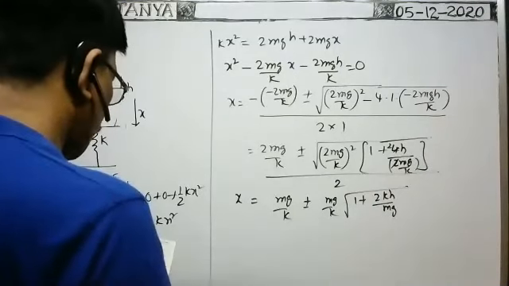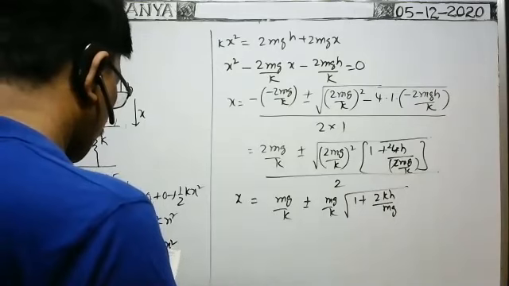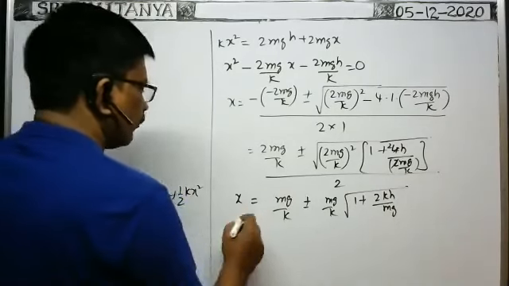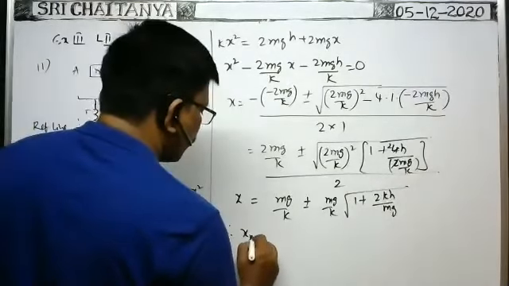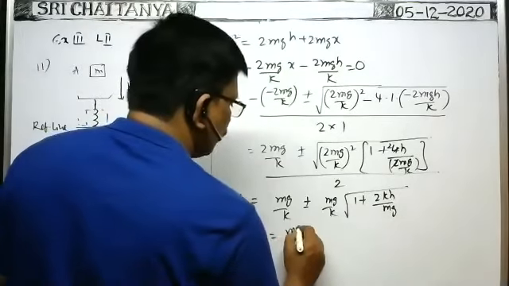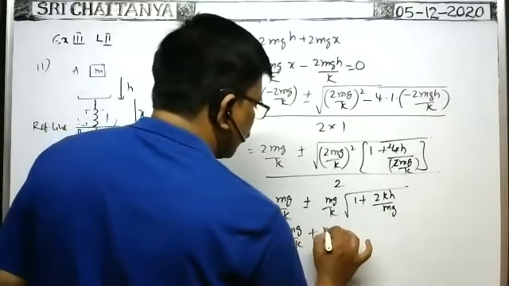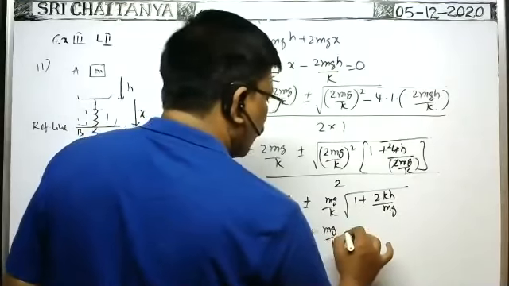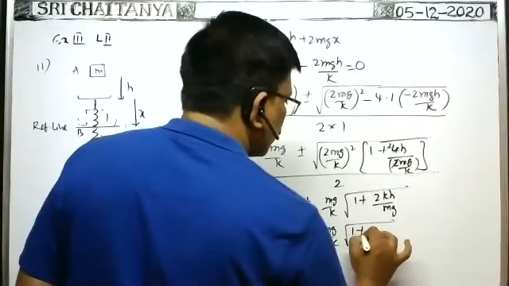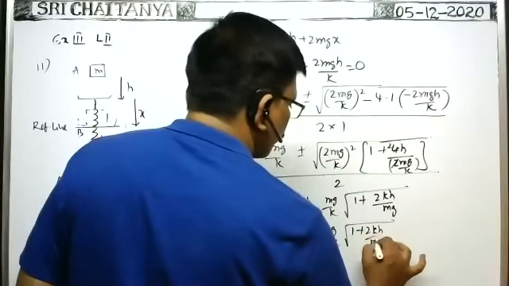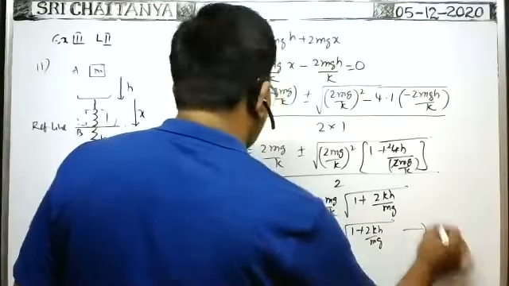Maximum means we have to take positive sign only, no? The maximum compression we have to take positive sign only. Therefore, maximum compression x max is equal to mg by k plus mg by k into root of 1 plus 2kh by mg. This is equation 1.